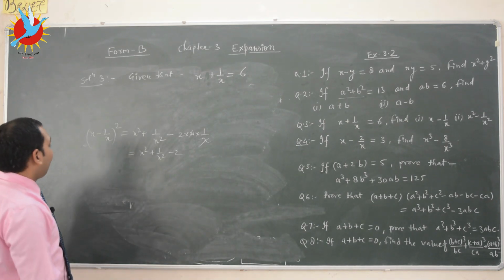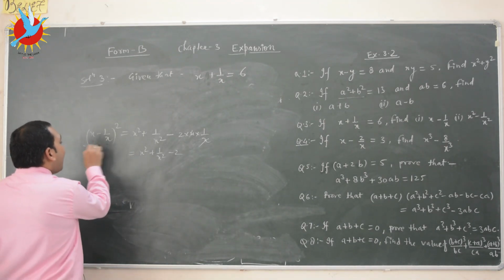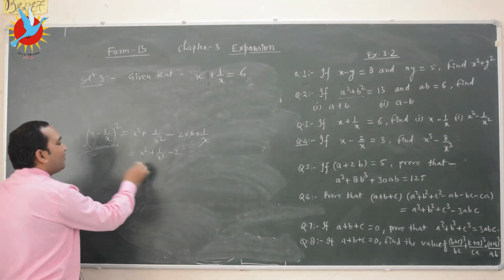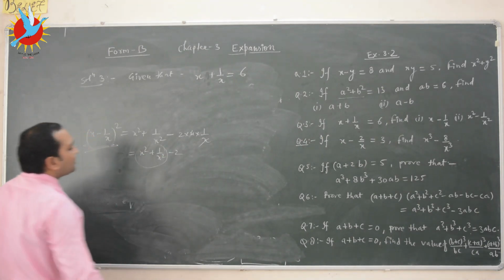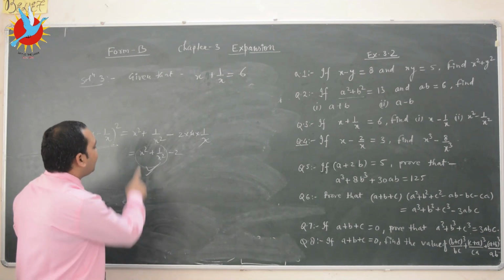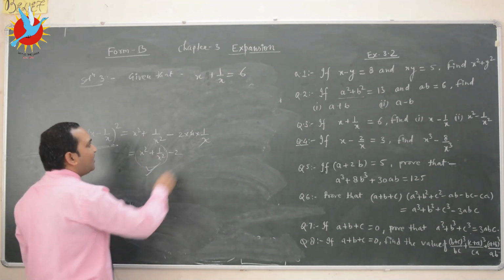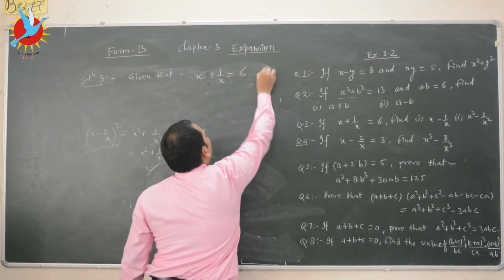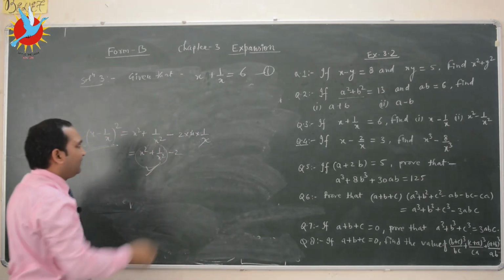But to find x minus 1 upon x, we need x square plus 1 upon x square. So we can find the value of x square plus 1 upon x square from the first equation, whatever is given.